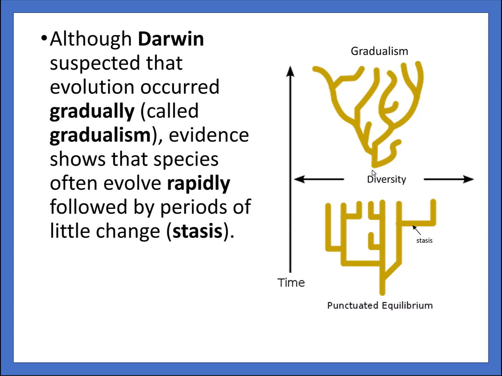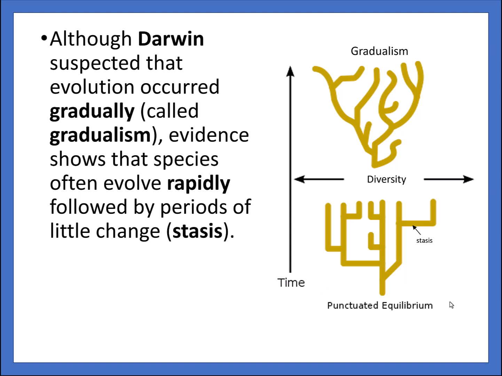So this is what Darwin would have expected to happen, that these organisms are changing very slowly from one common ancestor to all of these ancestors, or all these groups of organisms at the top. And that would have been a gradual process, continual.